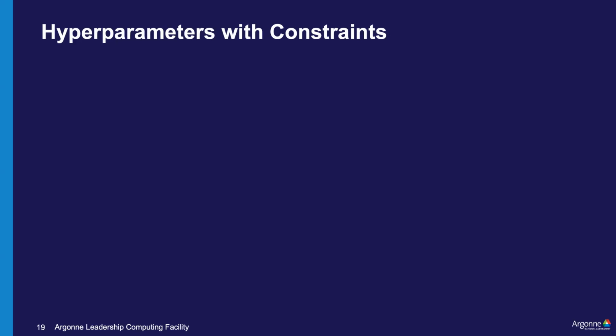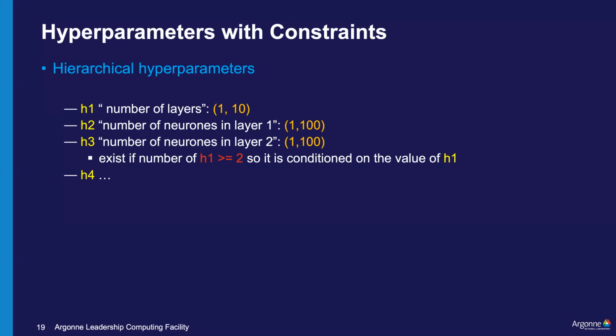Also in DeepHyper, now that we understand how Bayesian optimization works, we have a tool that helps you define constraints on hyperparameters. And we have two types of constraints. We have hierarchical hyperparameters. For example, with deep neural networks, you have the number of layers, H1, which can be from 1 to 10 layers. And for each layer, you have a number of neurons from 1 to 100.